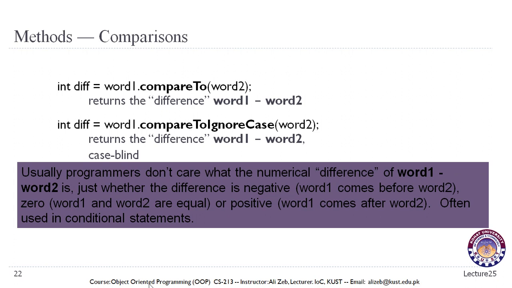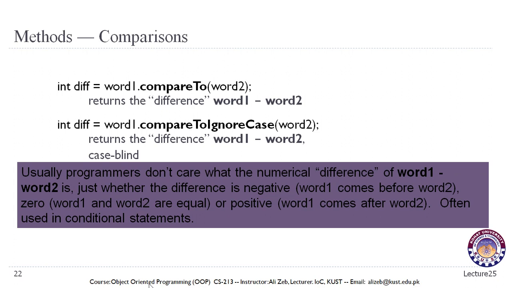Usually programmers don't care what the numerical difference is, just whether it is negative, word1 comes before word2, 0, word1 and word2 are equal, or positive, word1 comes after word2. And this is the kind of output we will be looking for in this comparison.